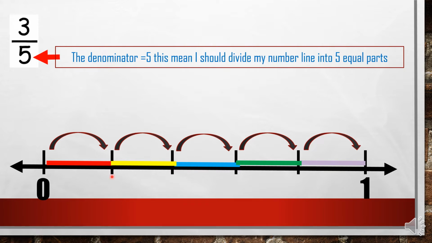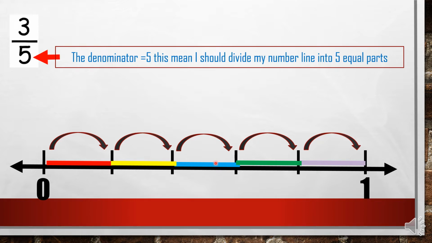Now, maybe one of you will ask me, Miss, why do I have 0 here and 1 here? I will tell you, always when you want to represent a fraction on the number line, you should start with 0 and end with 1. Why?